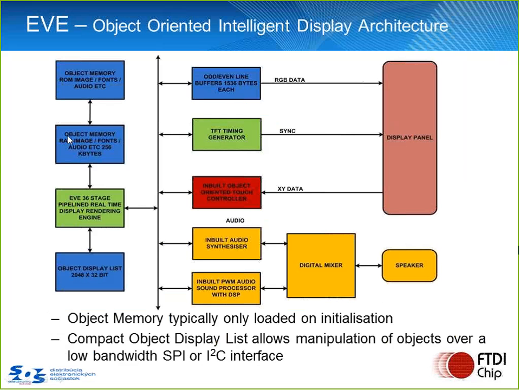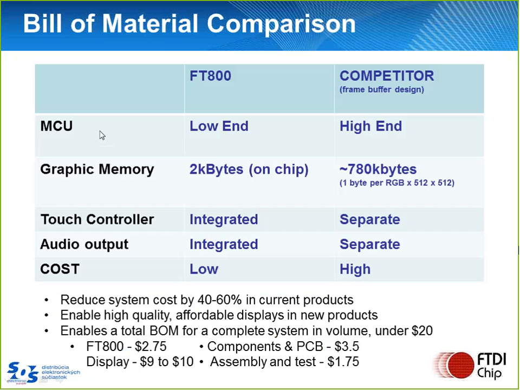Again, Gavin will explain this more later on, but where would you benefit as a commercial customer in terms of the FT800 against some of the more traditional options on the market? Well, I've mentioned the cost and space saving benefits, and there are also the design features. This general example gives you an idea of why we can secure these benefits. At the bottom, you will start to see some of the sample costs.